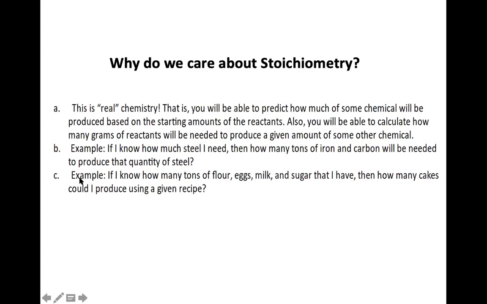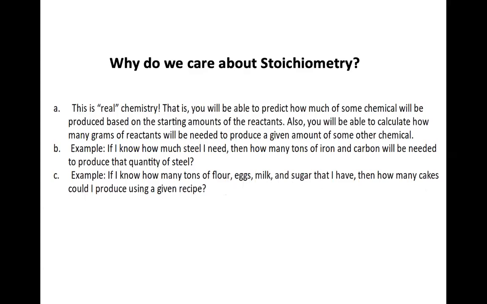biotechnology plant. Example, if you know how many tons of flour, eggs, milk, and sugar I have, then how many cakes could I produce using a given recipe? You want to make the cakes, so you need flour, egg, milk, and sugar.